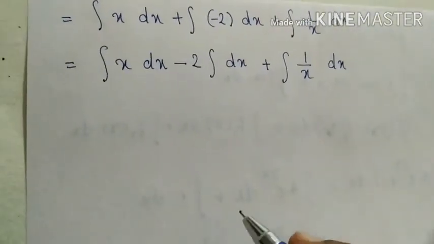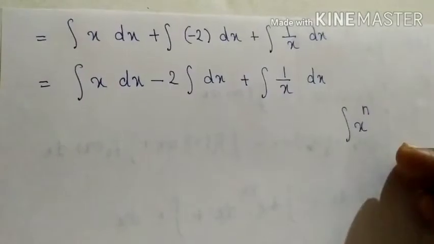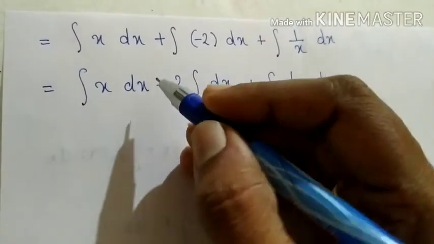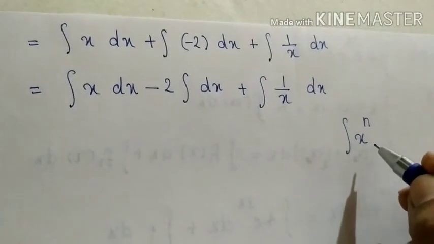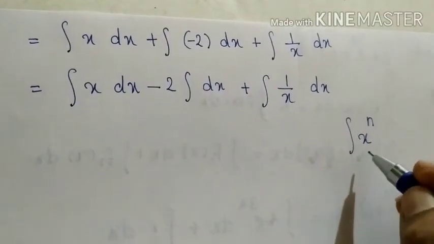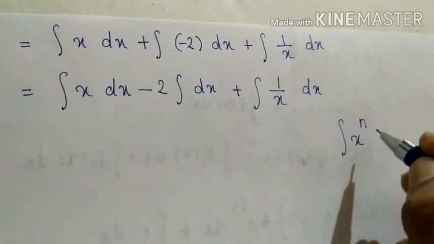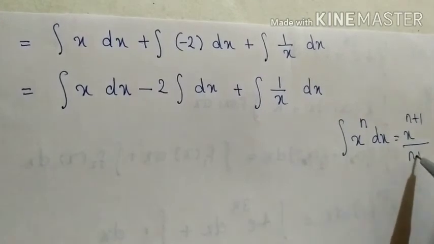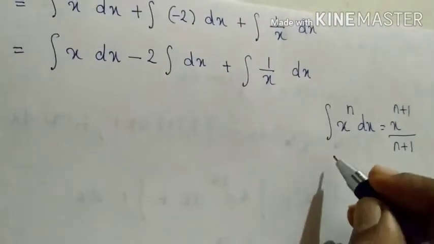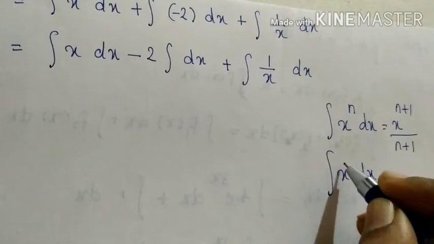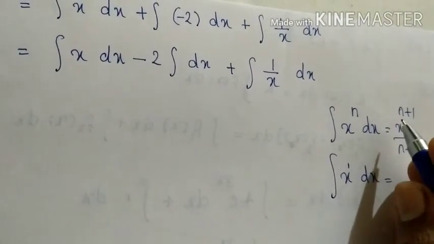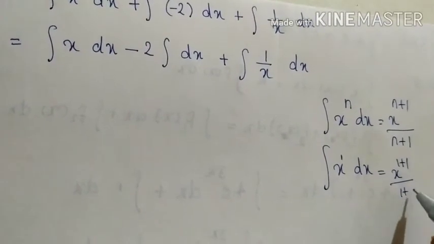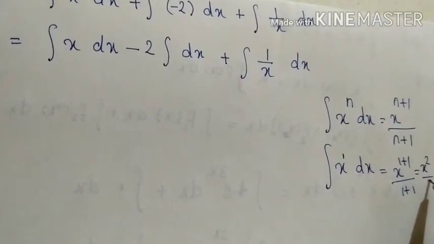Okay, so the integral of x dx, we know the standard integration of xⁿ dx is xⁿ⁺¹ divided by n + 1. Here it is x itself and the power is 1, so replacing n by 1 we get x¹⁺¹ divided by 1 + 1, which is equal to x²/2.